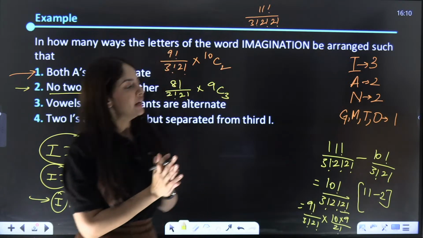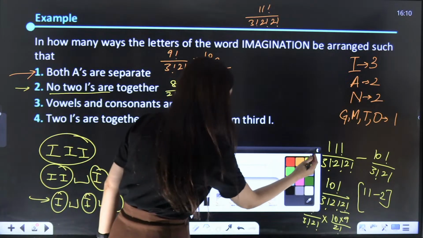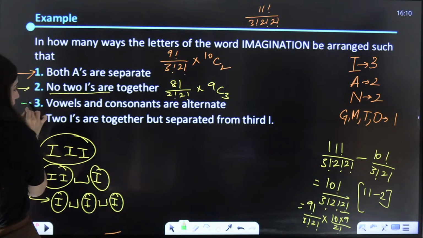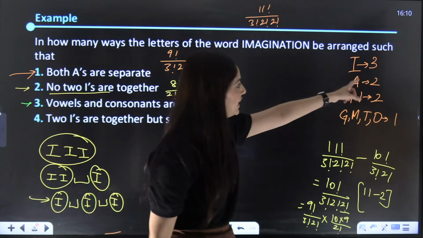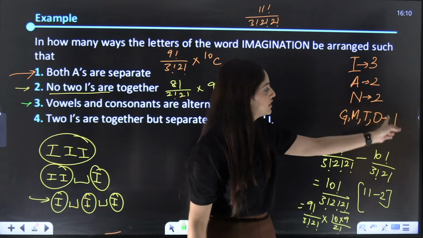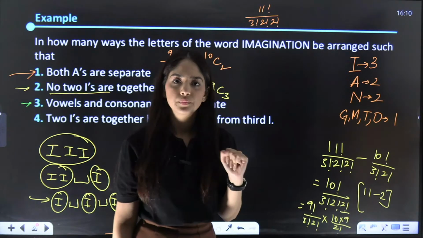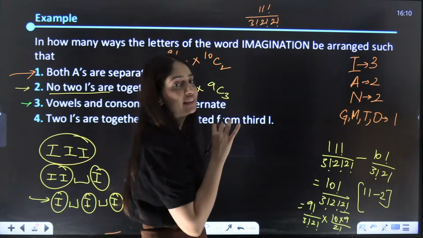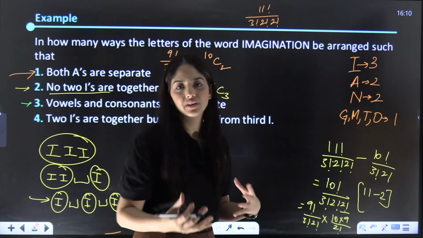Okay. Now, the next condition is all vowels and consonants are alternate. How many vowels do we have? 3 plus 2 plus 1, 6 vowels and 5 consonants, right? So that means in the 11 letters, we need to have vowel, consonant, no other way, right?